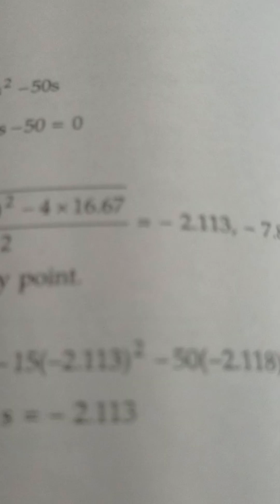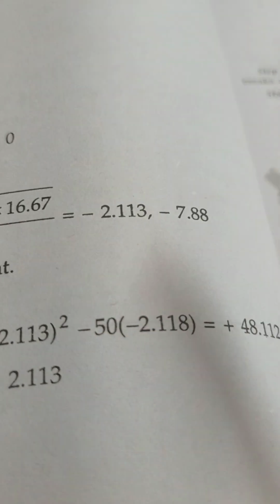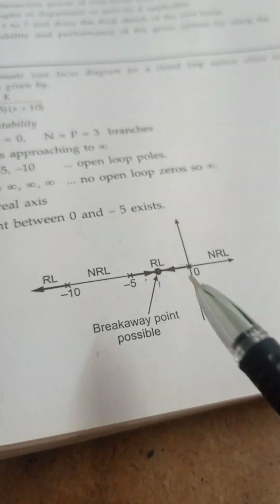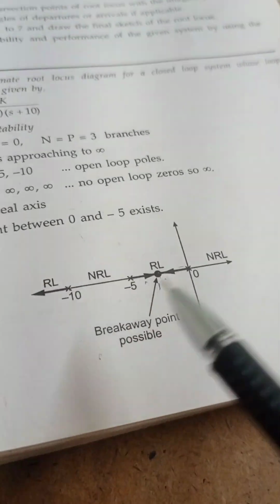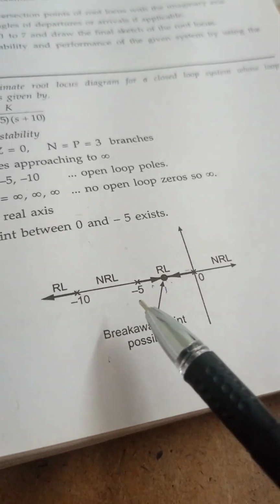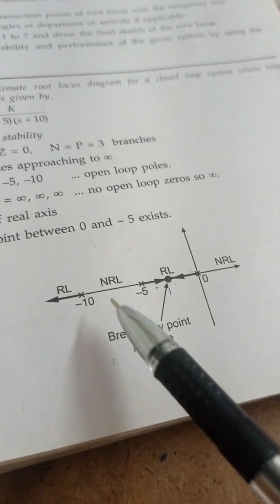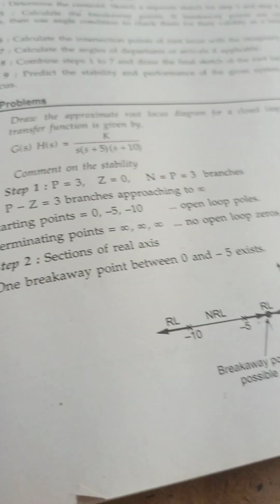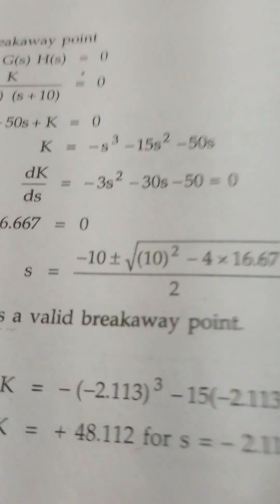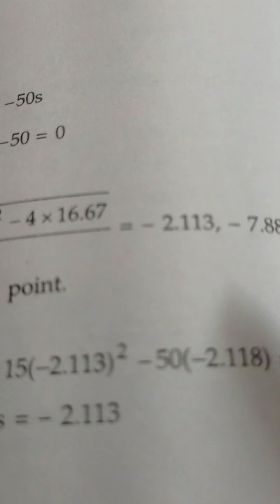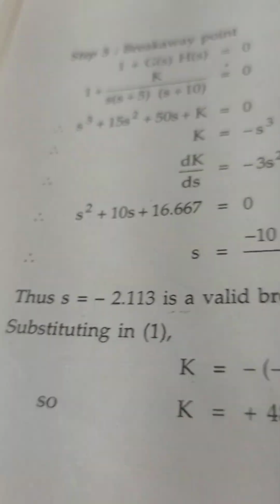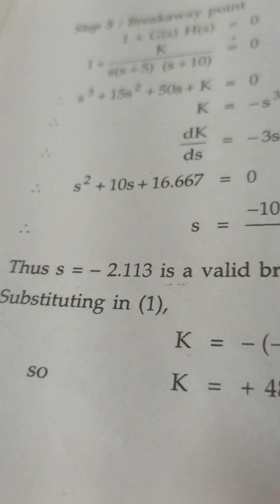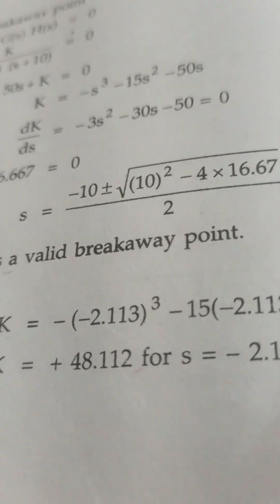Therefore from this equation we consider minus 2.113 as the breakaway point. Thus s equal to minus 2.1 is a valid breakaway point.